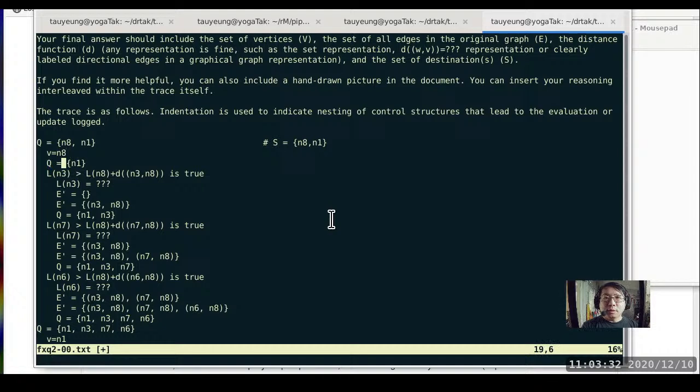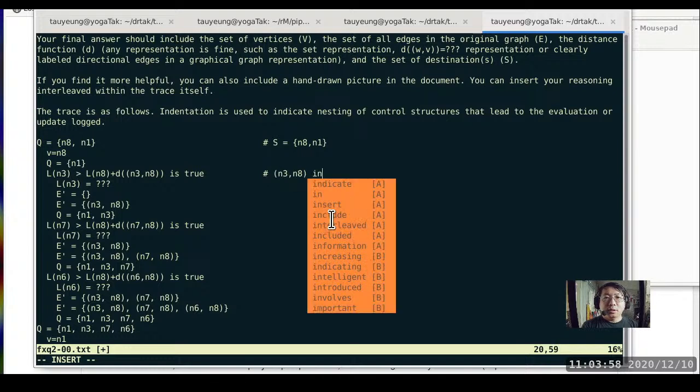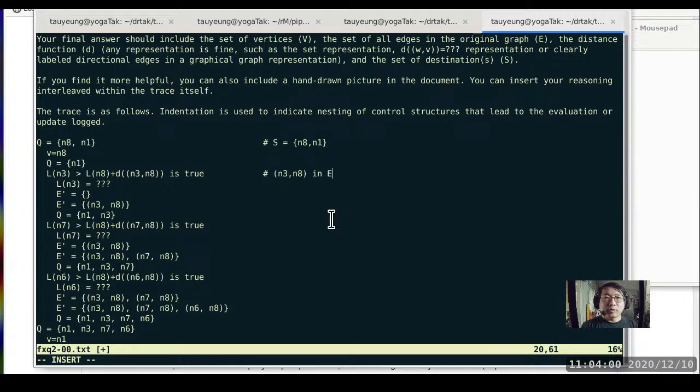All of these do not give me a whole lot of information, but this one gives me some information. The fact that I am considering the distance of N3 and N8 means that there's an edge, that edge exists in E. So now I can say (N3, N8) is in the set of all edges.